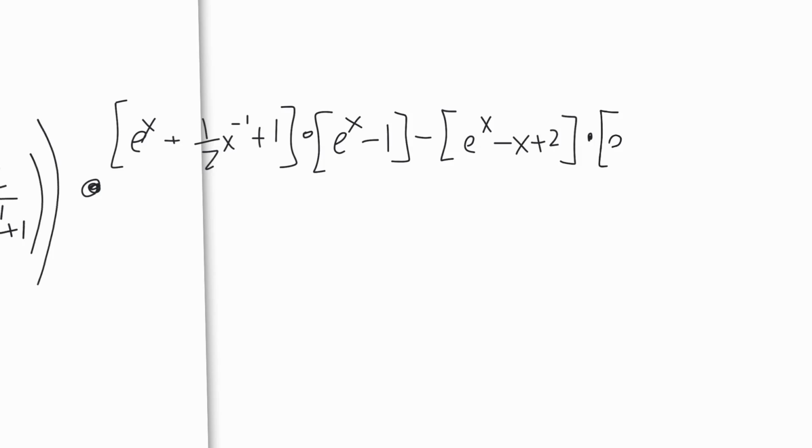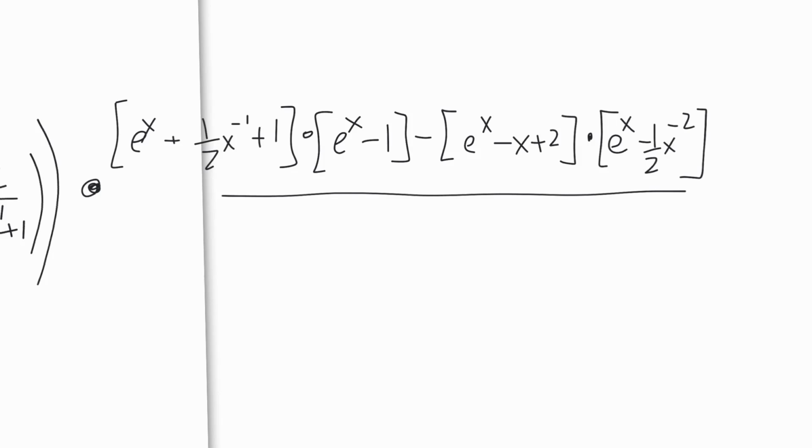So we have e to the x minus 1/2 x to the minus 2. All over, so this is all over the whole denominator squared: e to the x plus 1/2 x to the minus 1 plus 1, squared.